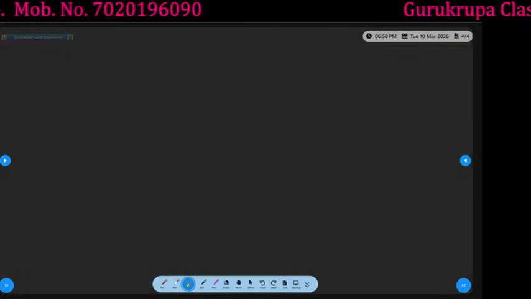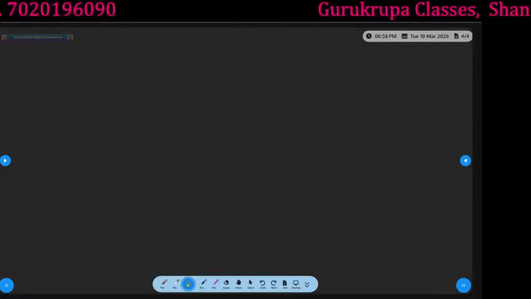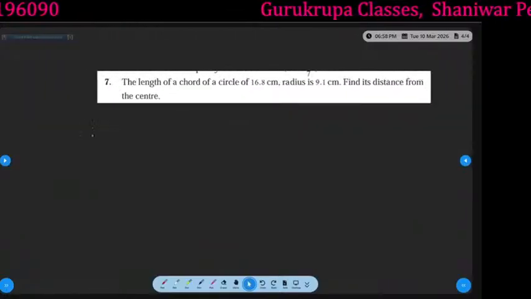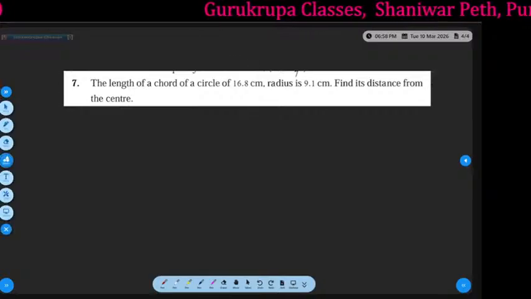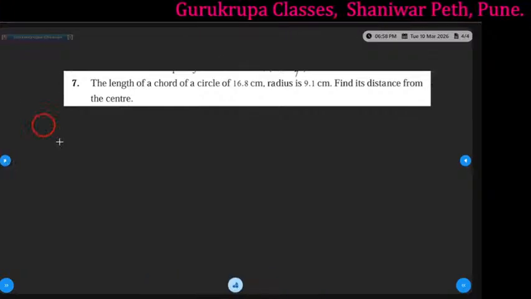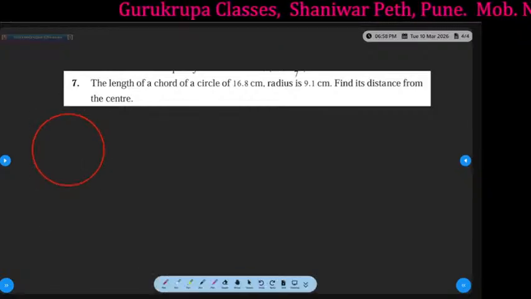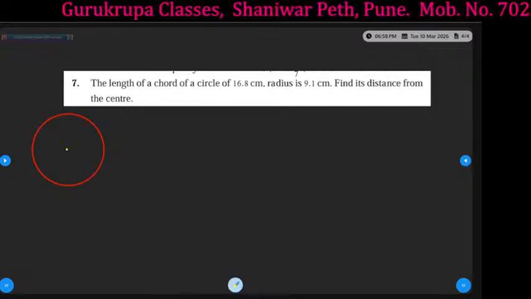Okay, next sum, the length of the chord of a circle is given to you. Distance of the chord we have to find from the center. Then radius is also given. So if you draw the figure for that, we have a circle. Then we take a point over there, which is the center of the circle.